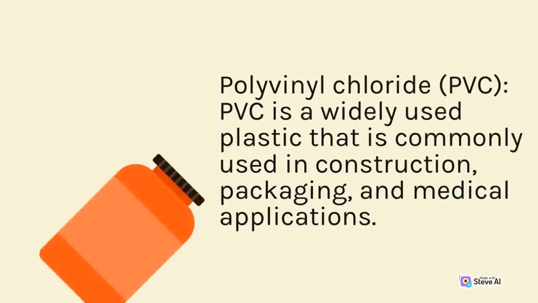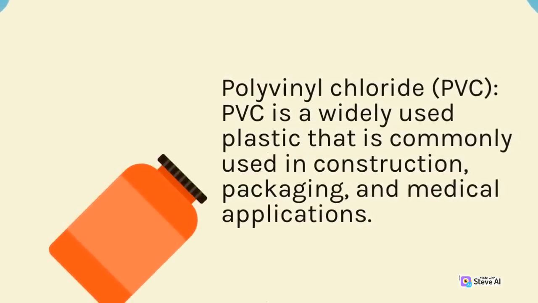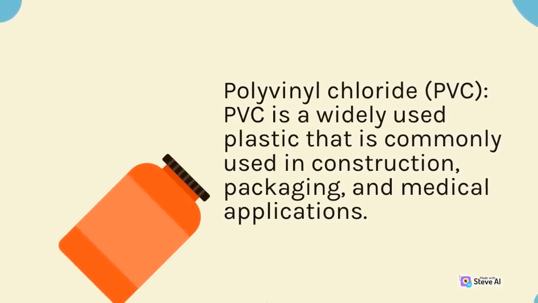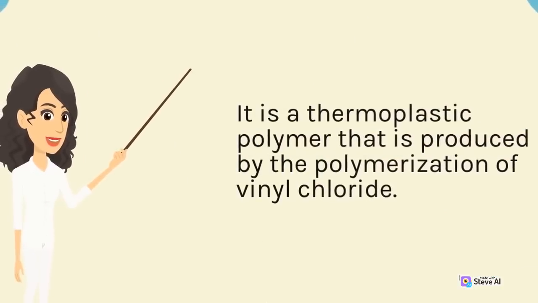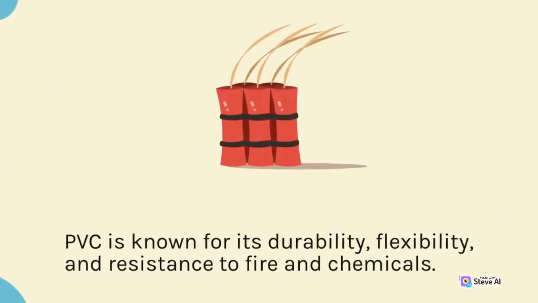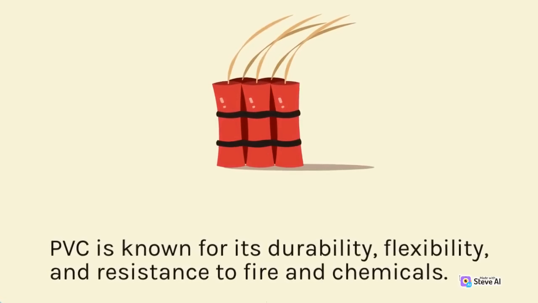Polyvinyl chloride, PVC. PVC is a widely used plastic that is commonly used in construction, packaging, and medical applications. It is a thermoplastic polymer that is produced by the polymerization of vinyl chloride. PVC is known for its durability, flexibility, and resistance to fire and chemicals.